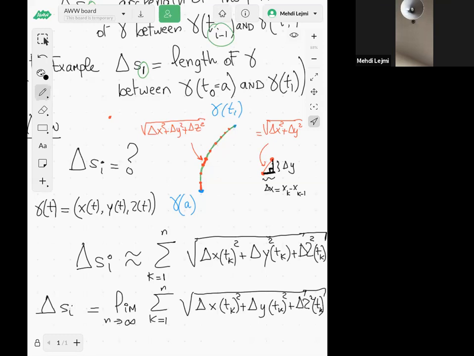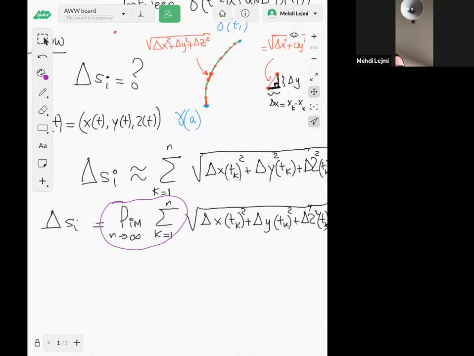Anyway, once we have this, it reminds you of the definition of an integral. When we have this Riemann sum, you take the limit as n goes to infinity of your Riemann sum. So this is the definition of the integral of a function of a single variable.